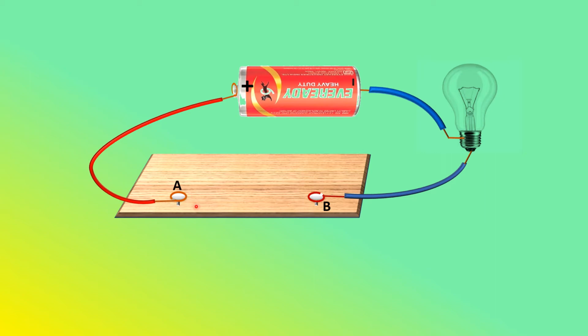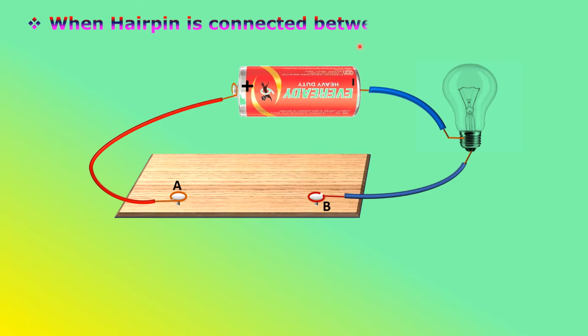In between the two points A and B, I am going to connect the hairpin I have taken. When the hairpin is connected between A and B, we have to check whether the bulb glows or not. That I am going to test.